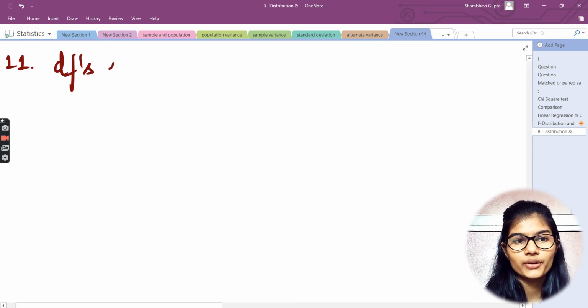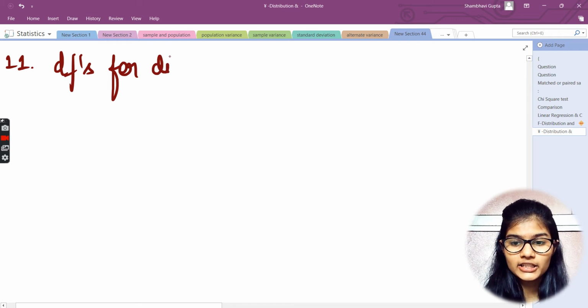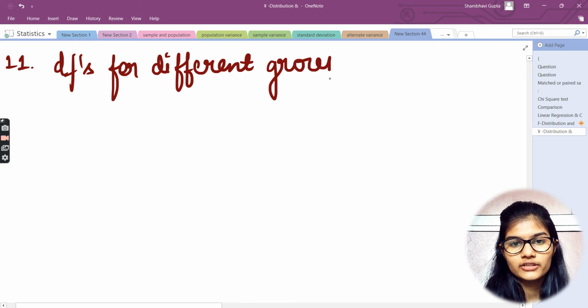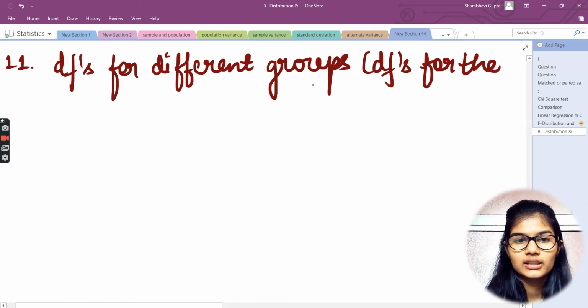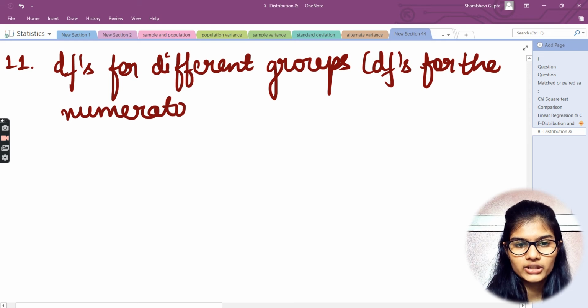the DFs for the different groups. I would just discuss the DFs for the numerator. So for the numerator, what is the DF?